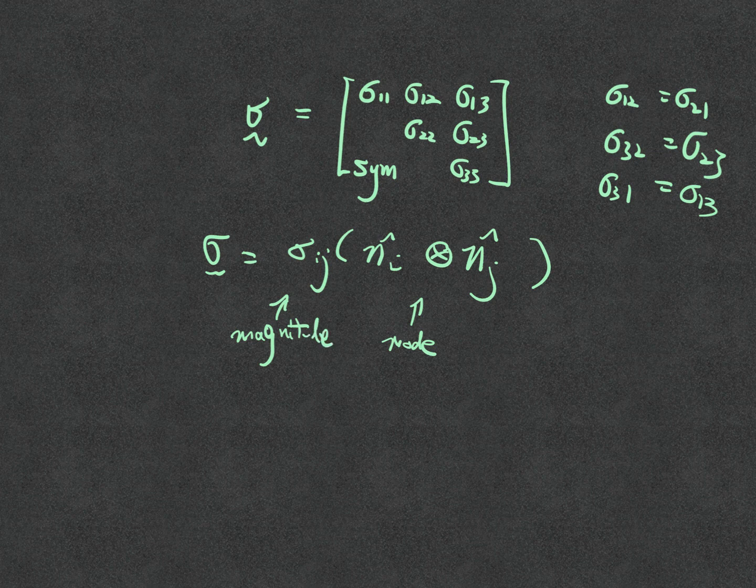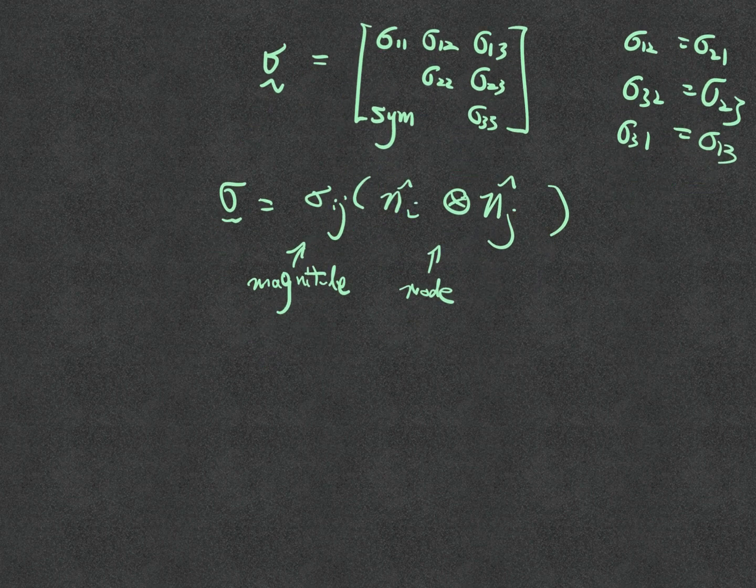Now, Cauchy stress is symmetric just because you need to fulfill the balance of angular momentum. However, imagine that I want to represent the stress in terms of the current force that I apply onto the undeformed configuration. Then I will break the symmetry.